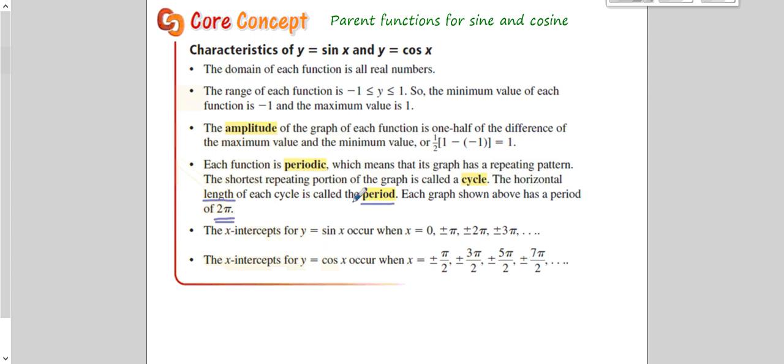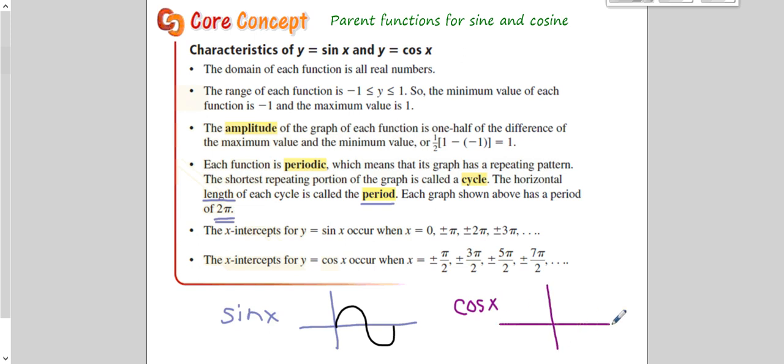Okay, remember that for sine of x, when we graph it, it started at the origin, and it went up like a mountain and then down like a valley. And then for cosine of x, it didn't start at the origin.